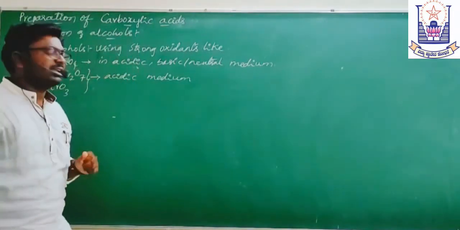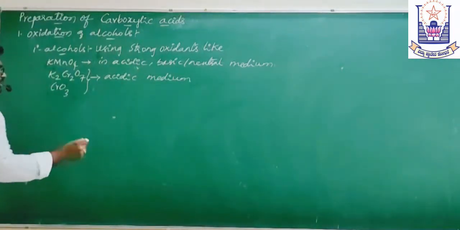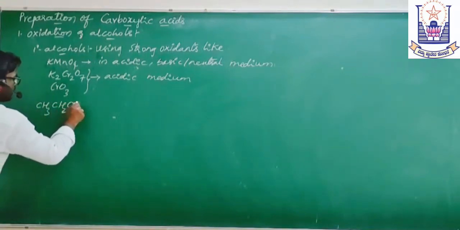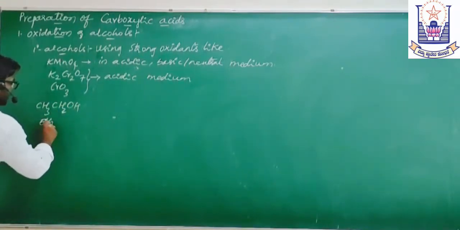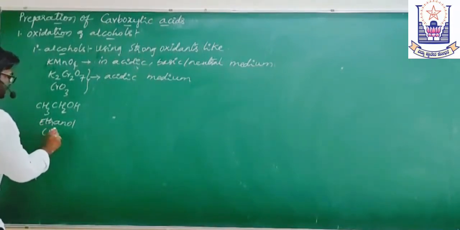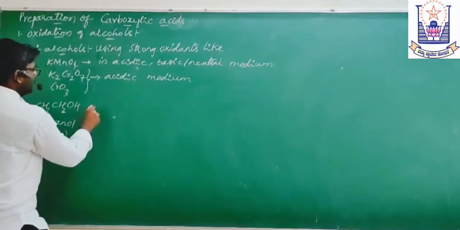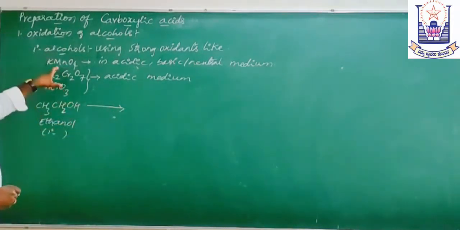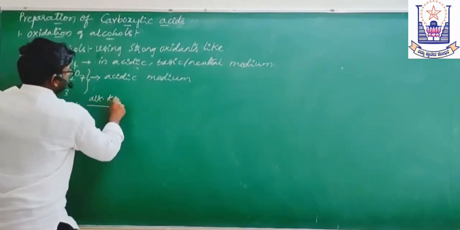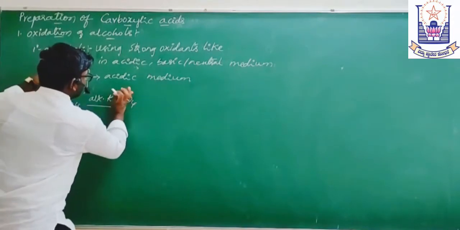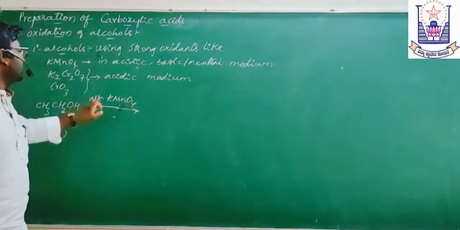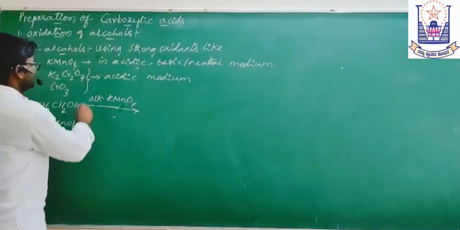Let us see one reaction. The oxidation of an alcohol like ethanol, CH3CH2OH, a primary alcohol, in the presence of alkaline KMnO4, that is, in basic medium, followed by hydrolysis.